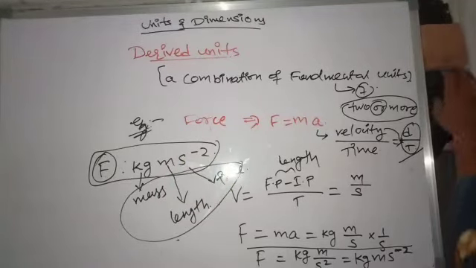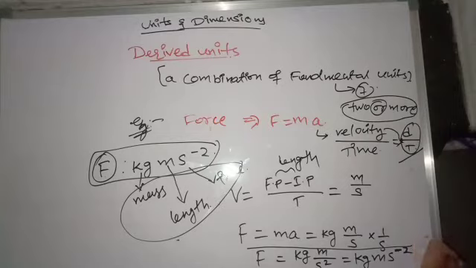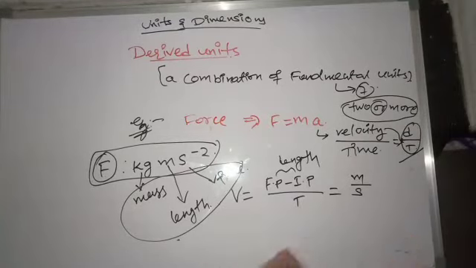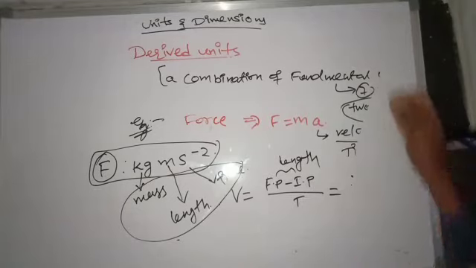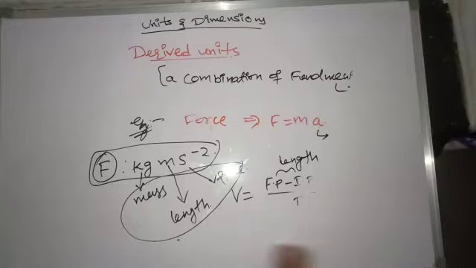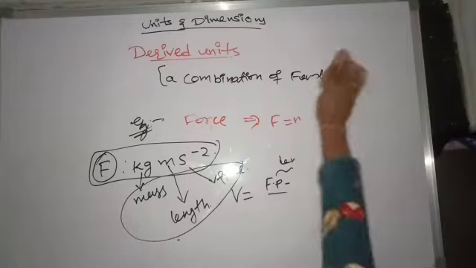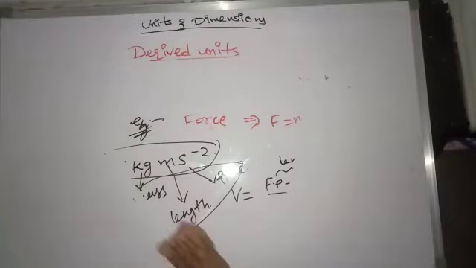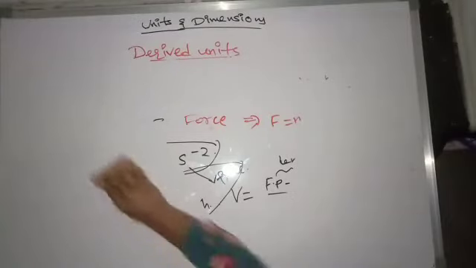I will give you a few more derived units for derived physical quantities. Just pause the video and copy all this, so that while revising for your exam, it will be easy for you to understand.